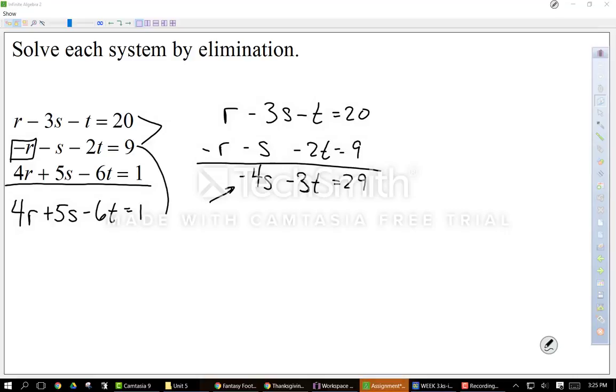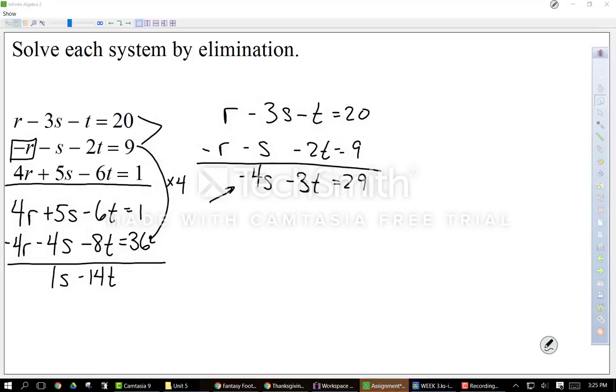So I'm going to multiply this equation by 4. When I do that, I get negative 4r minus 4s minus 8t is equal to 36. Now my r's are opposite signs, one's positive, one's negative, so I can add to cancel. This gives me 1s minus 14t is equal to 37.